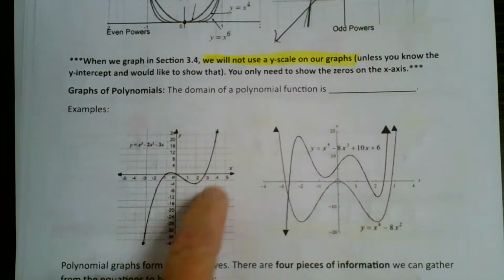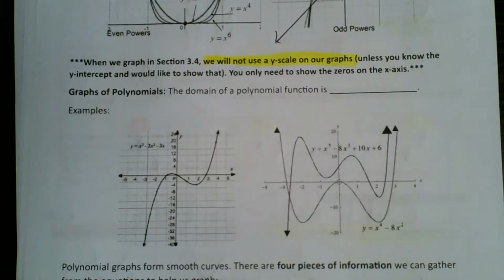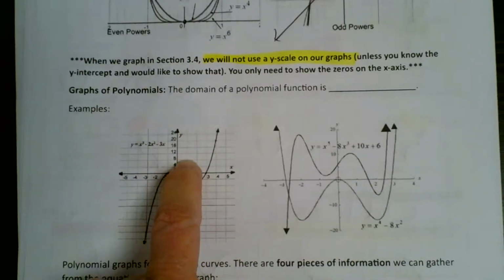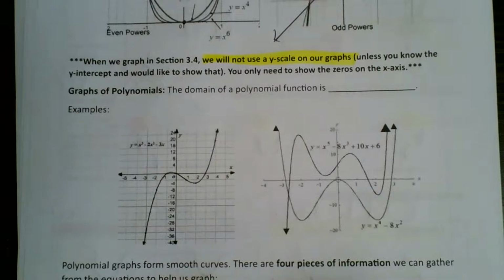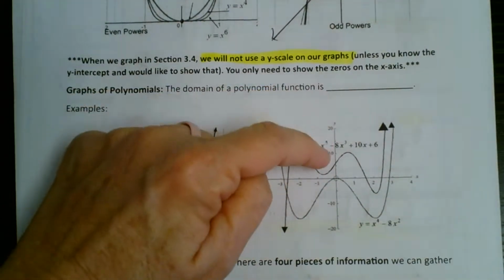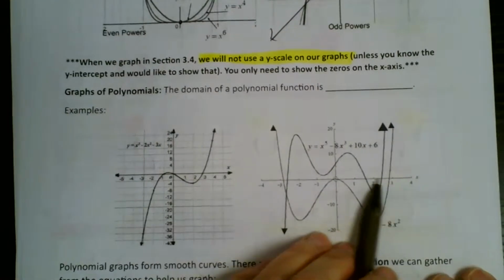I've given you a couple of polynomial graphs just for you to get a picture, but they've used a Y scale, haven't they? They put numbers on their Y-axis, which forced them to make sure the curve was exactly right, okay? Over here, they put numbers on their X-axis and Y-axis, although on the X, they're counting by ones.